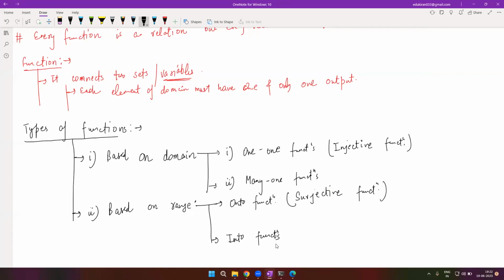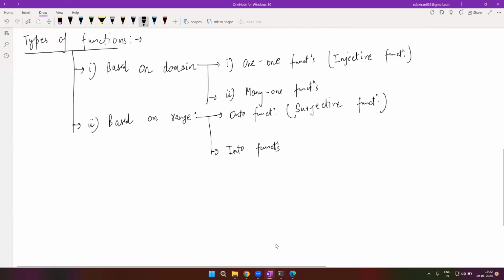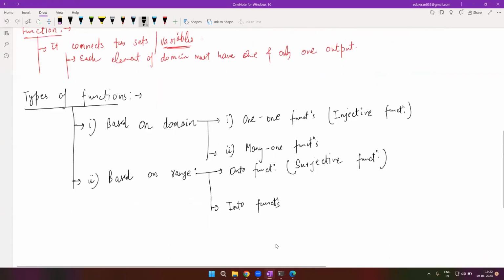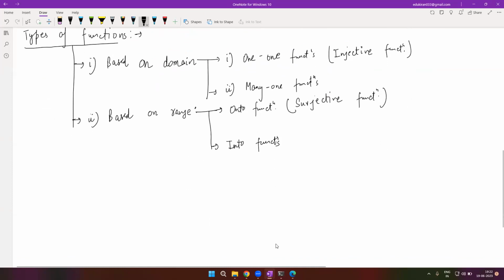But before I explain them in detail, I would first show you this through some examples. Before starting with examples, also understand one more thing: we have broadly classified functions into two categories, based on domain and based on range.